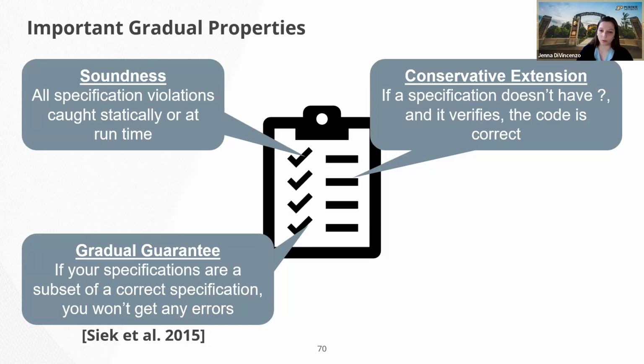So we want to avoid any errors or false positives, basically, because you're missing specifications. And this gradual guarantee is what allows us to do that, on the static side, and now we also make this guarantee on the runtime side as well. So you're not going to get failure on the runtime side just because you left specifications out.